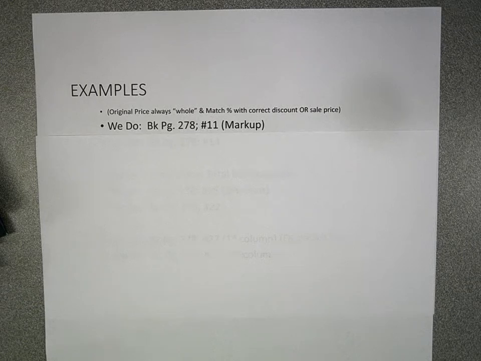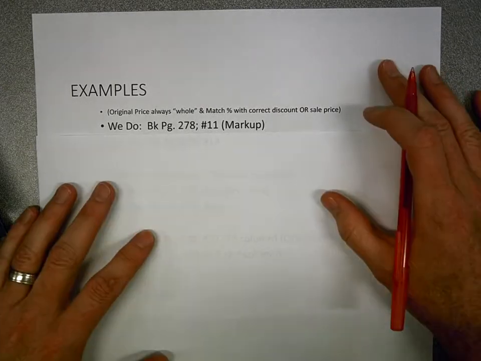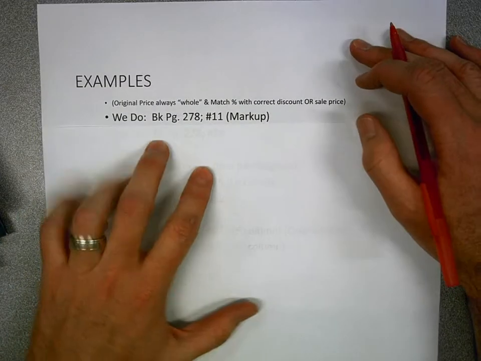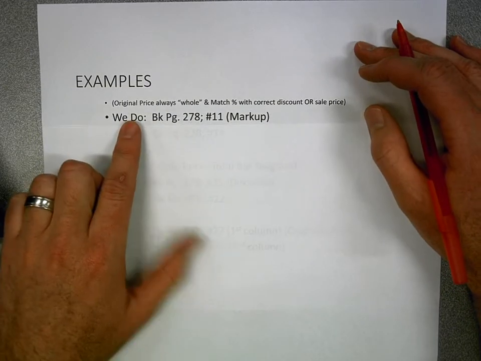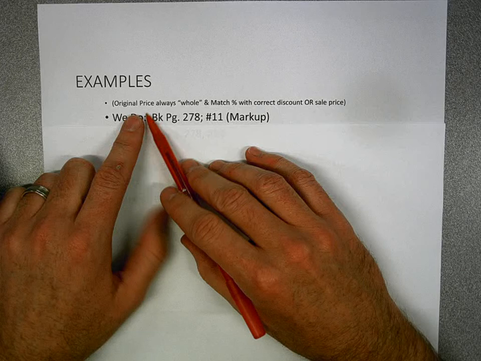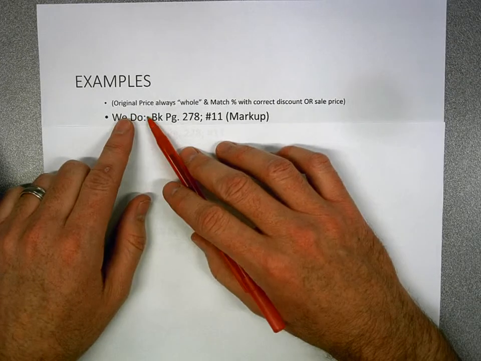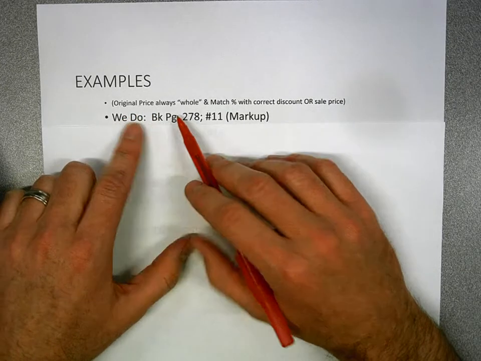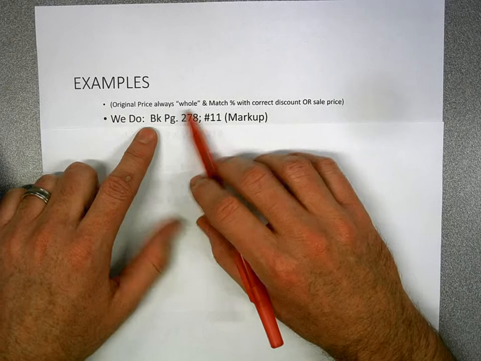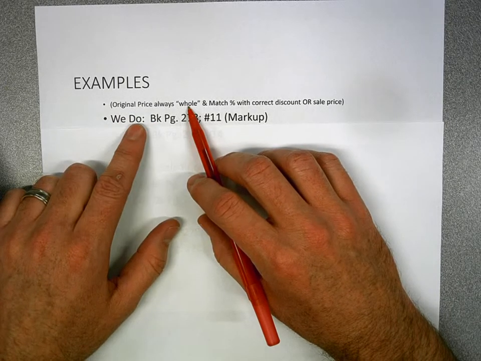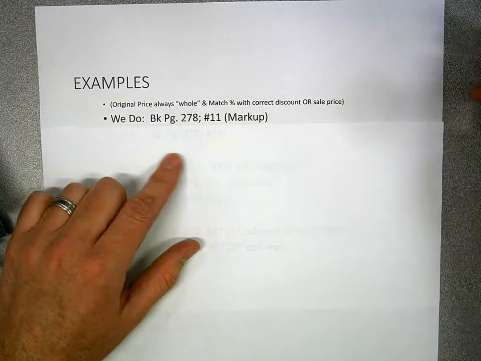Find the selling price for each item given the cost and the percent of markup. Okay. So, here we go. I do want to remind you guys, we talked about this previously. The original price, we're going to see right now, we're going to use the percent equation. Remember we talked about it yesterday. The original price is always the whole. We're going to use it as the whole. Okay. So here we go.